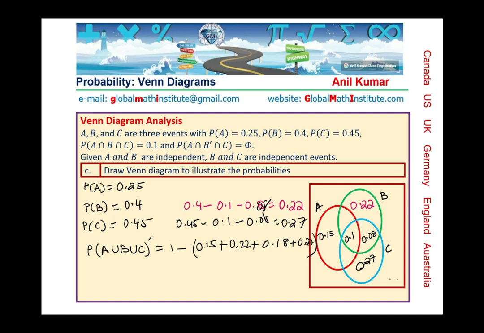So it should be equal to 1 minus 0.15 minus 0.22 minus 0.18 minus 0.27, and that gives you 0.18. So 0.18 is the probability of not A, B, or C, correct?